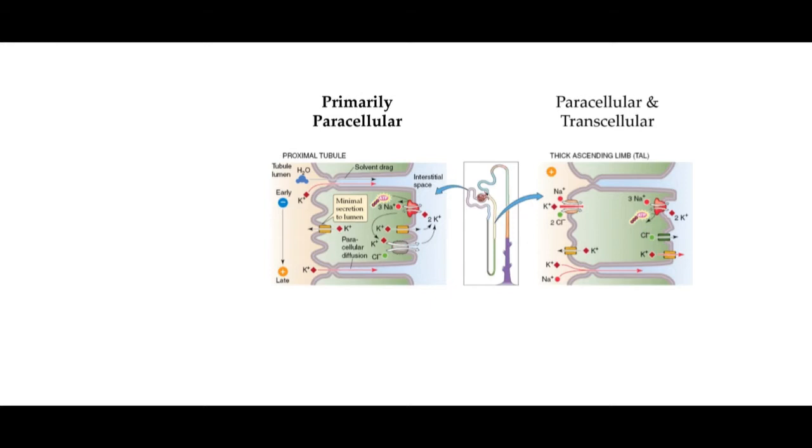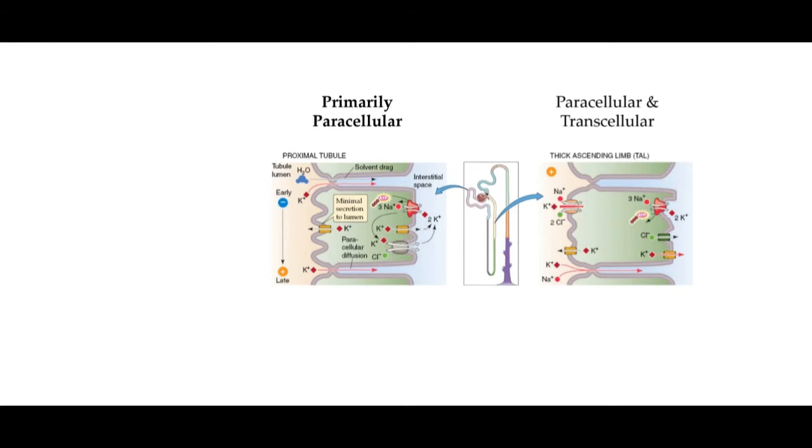Now, the part I want to point out here is one of the main reasons would be solvent drag. It'll follow along with water being actively and intensely reabsorbed in the proximal tubule. But don't forget that we do also have a change in the luminal voltage.